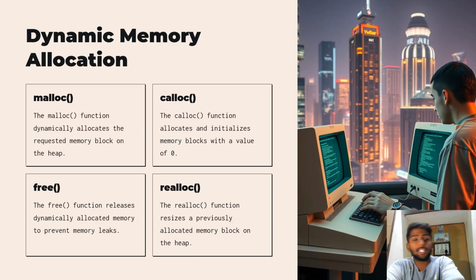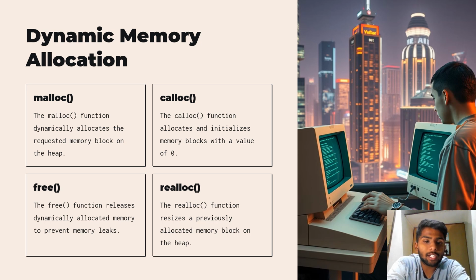Basically, these dynamic memory allocations were taught by our class teacher: malloc, calloc, free, and realloc. These are the four functions for allocation, which can all be used similarly. The malloc function dynamically allocates the requested memory block on the heap.